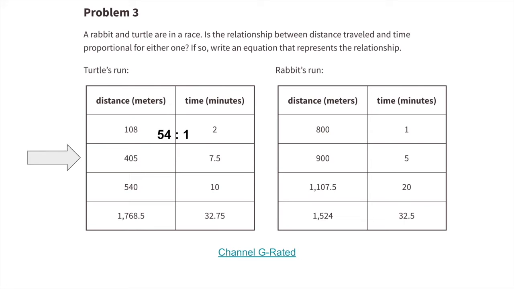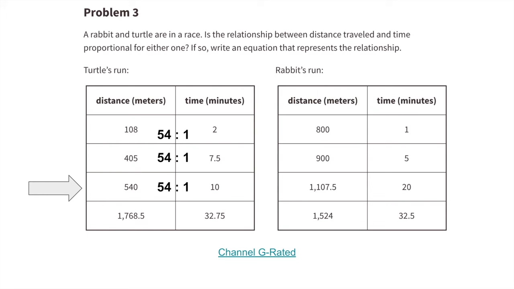A distance of 405 in 7 5/10 minutes. 7 5/10 minutes divided by 7 5/10 equals 1, and 405 divided by 7 5/10 equals 54. So this is also a ratio of 54 to 1. 10 divided by 10 is 1, and 540 divided by 10 is 54.